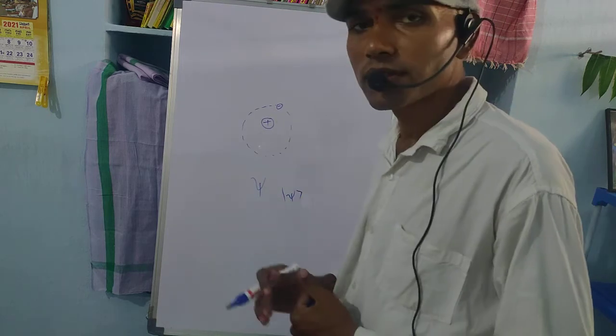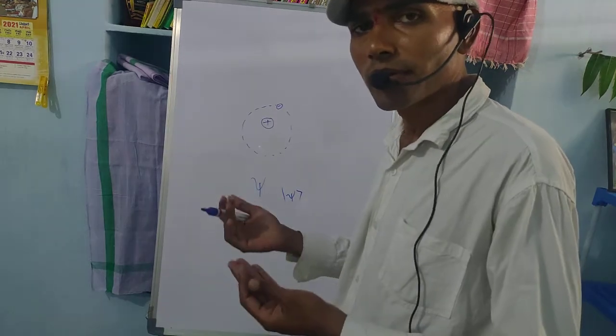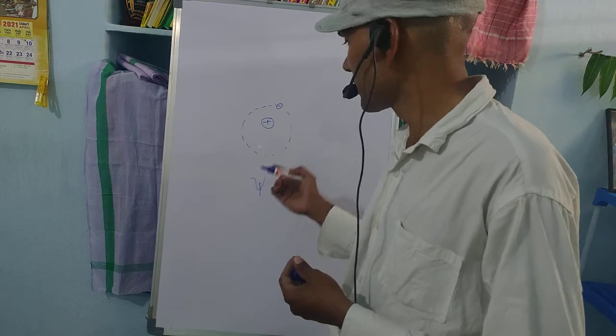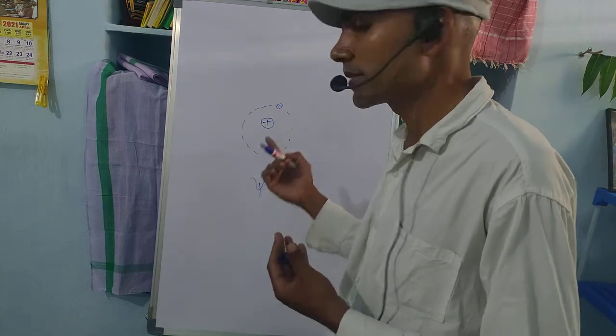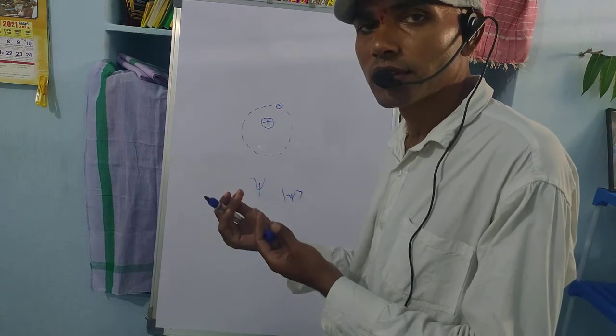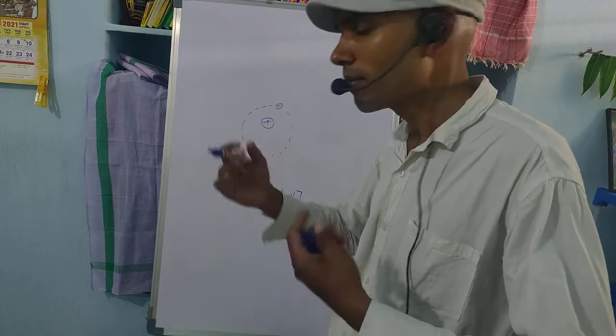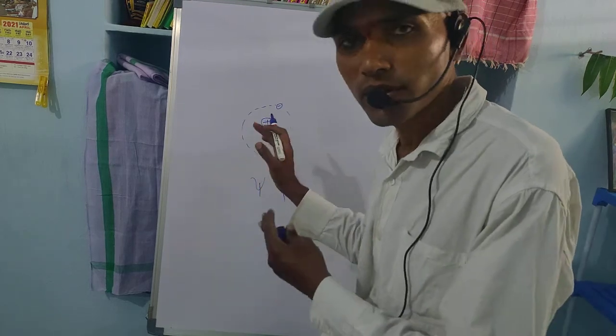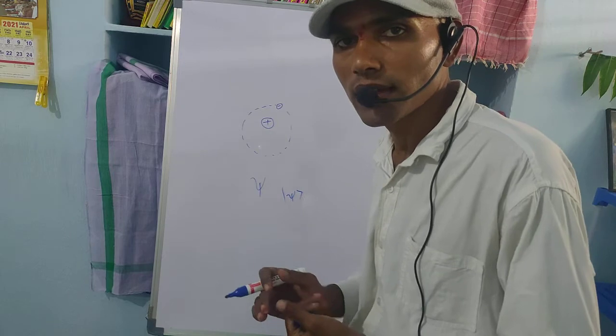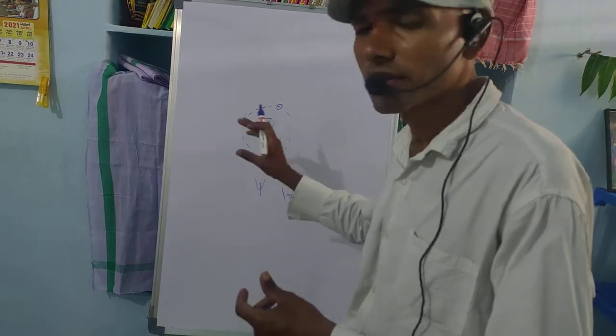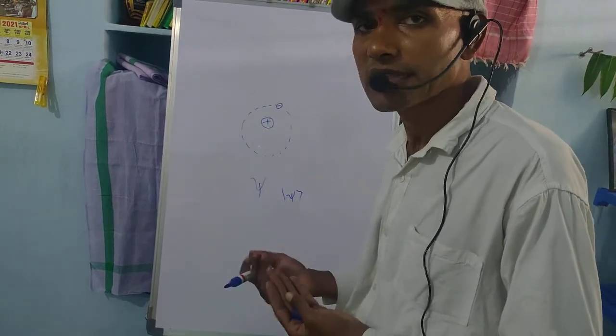And the state function can be altered. The system can have a different state function because of some operation. We may do something to the system, and because of that something, this system can have a different kind of state.